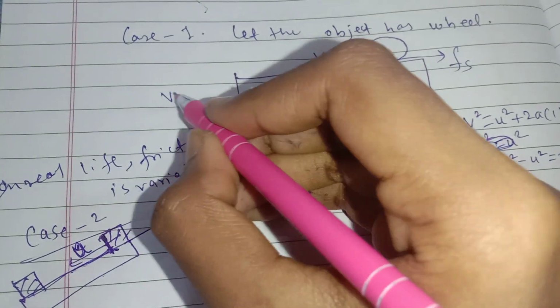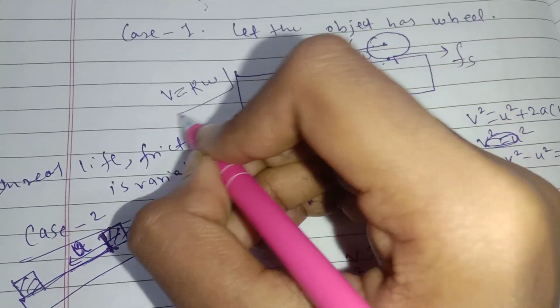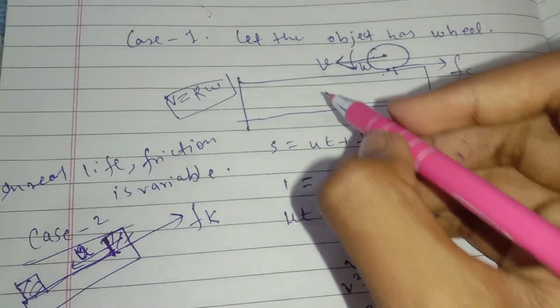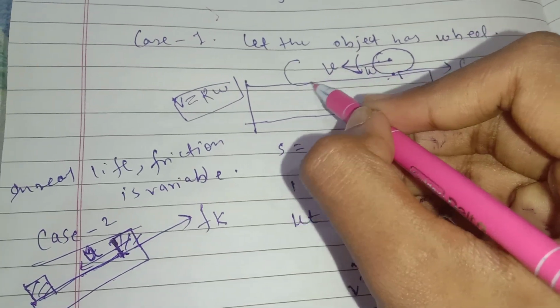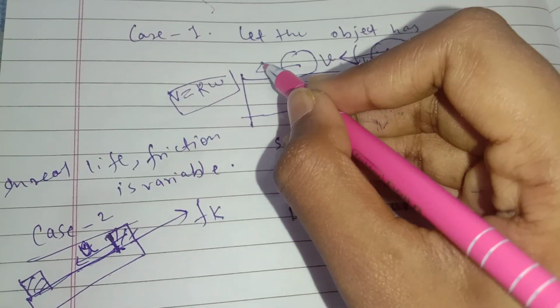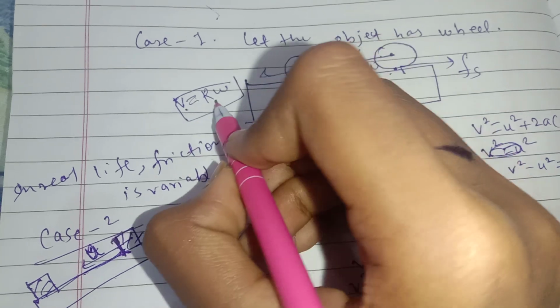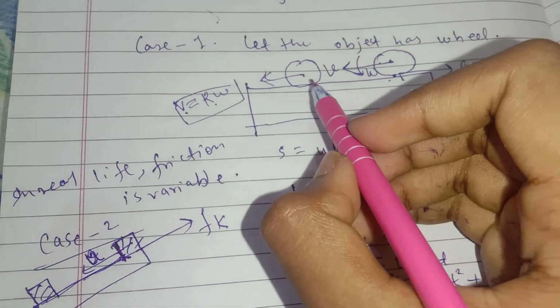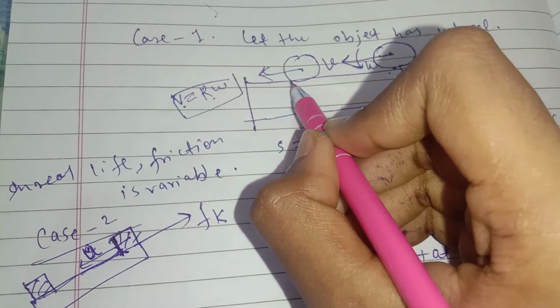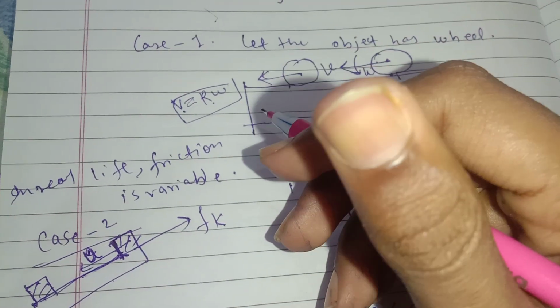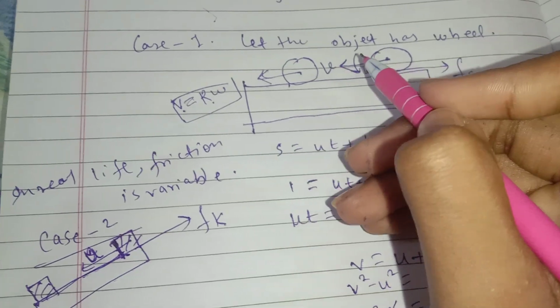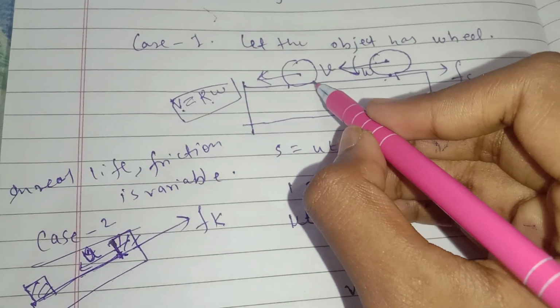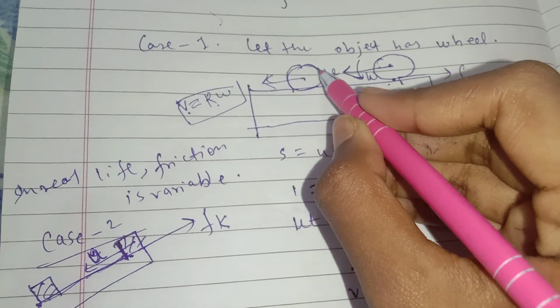That means v equals r omega. And if at some place it violates the rule v equals r omega, that means it was not following rolling motion, then it will sometimes rotate. So friction will always support it.